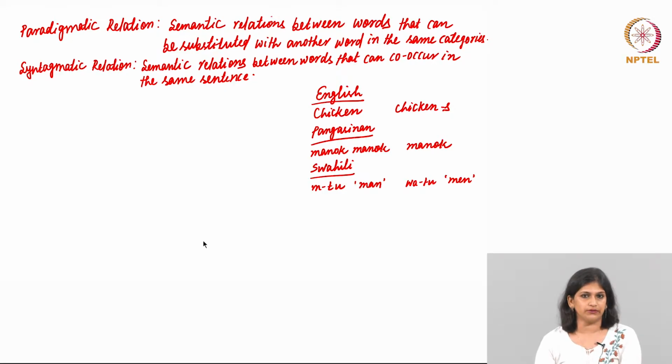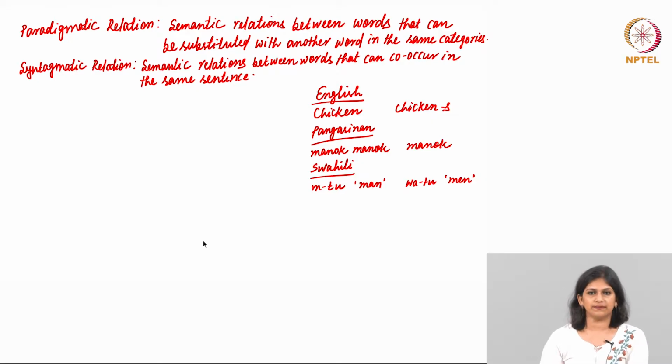Swahili, also other Bantu languages. So, here we have just taken into account one of the Bantu languages, that is Swahili. Here both the singular and the plural are affixed. In the singular you have a prefix m, and in the plural you have a prefix wa.